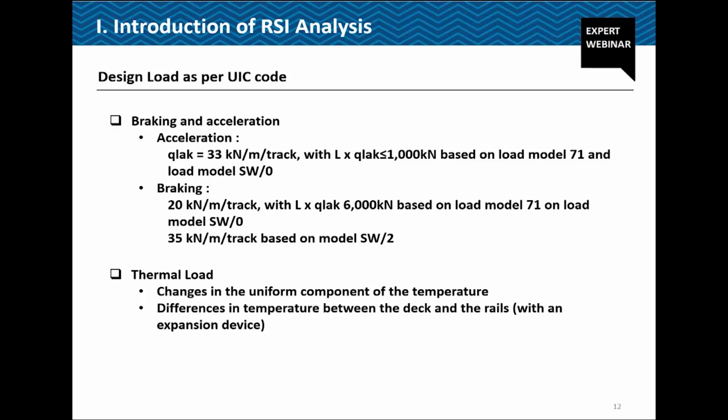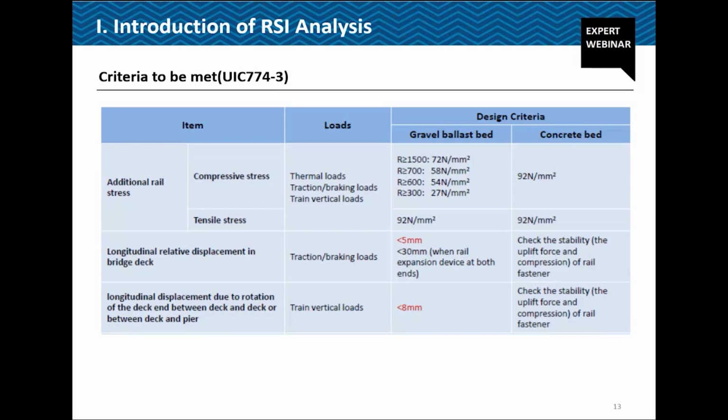If there is a temperature change, the rail temperature and girder temperature don't always stay the same, and so this temperature difference between deck and rail should also be considered. And this is the criteria we need to satisfy as per the UIC code. First, the additional stress due to thermal loading and the braking and traction together with the vertical load. The limit is 72 for compression.